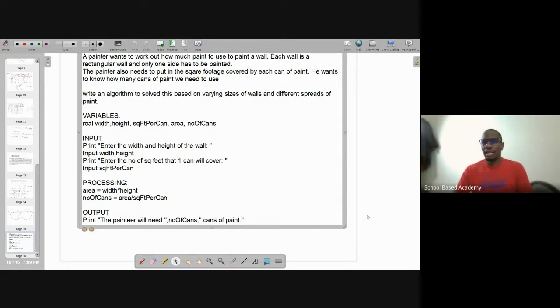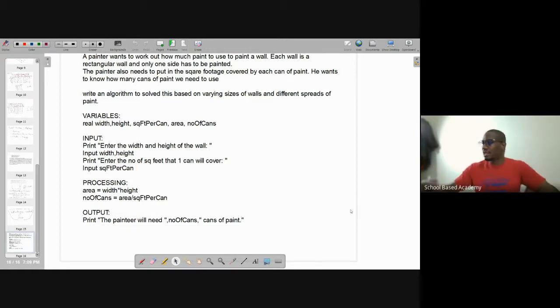In order to test this in terms of some straight-through logic, let's input values for ourselves. We have our variables, we have our input, and this is a sequential program. Enter the width and height of the wall.